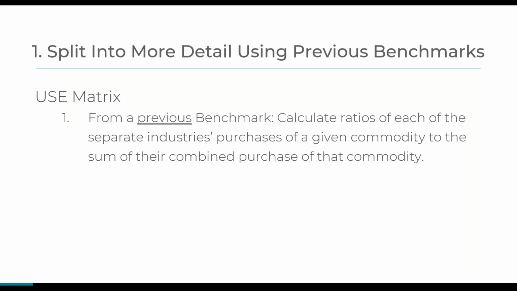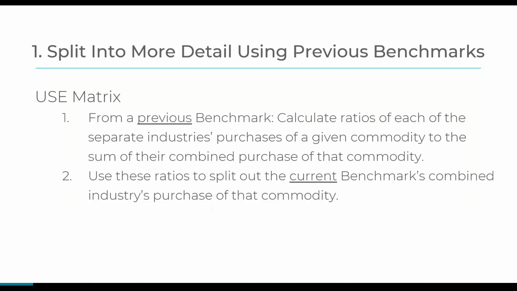So that gives us a split ratio. We'll see this in numbers in just a moment. Then we use those ratios to split out the current benchmark's combined industry purchase of that commodity into two separate purchases of that commodity for the two separate industries that we're trying to create.